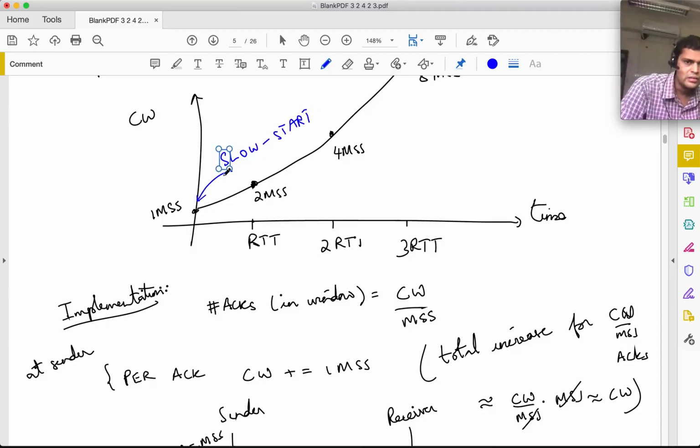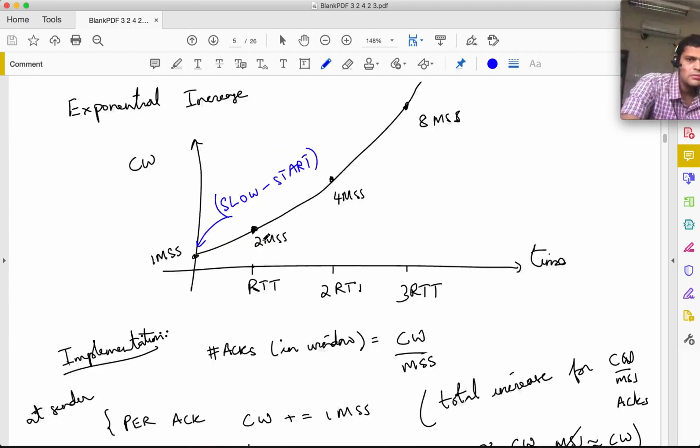We start here, but this entire phase, this exponential increase, is given this name, which is somewhat of a misfit. It's true that we start at 1 MSS, but after that we are very aggressively increasing the window size. But this whole procedure where you start small and then you increase aggressively is called slow start.